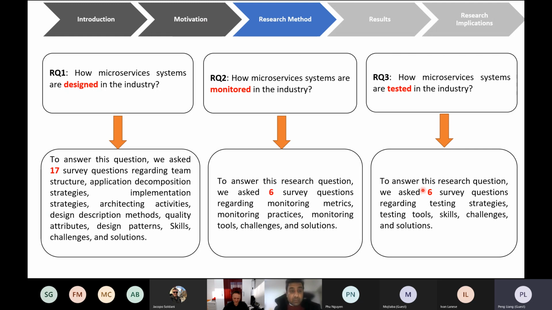Similarly, to answer research question two, we asked 6 survey questions regarding monitoring metrics, monitoring practices, monitoring tools, challenges, and solutions. Research question three was also investigated by asking 6 survey questions regarding testing strategy, testing tools, skills, challenges, and solutions.